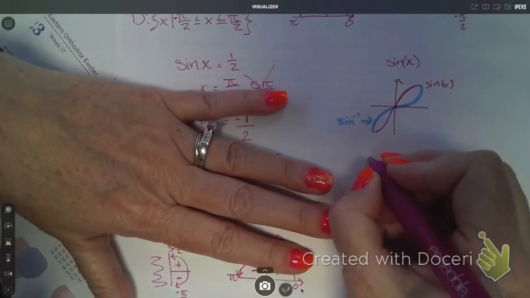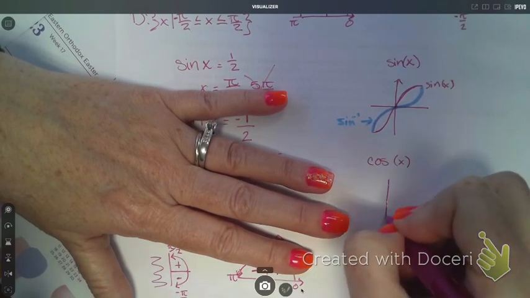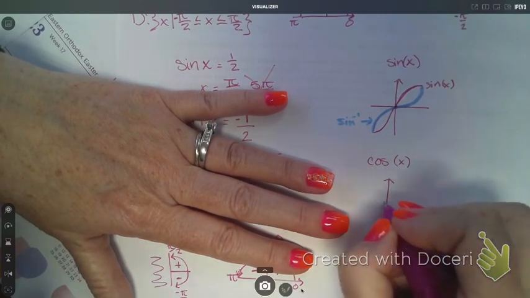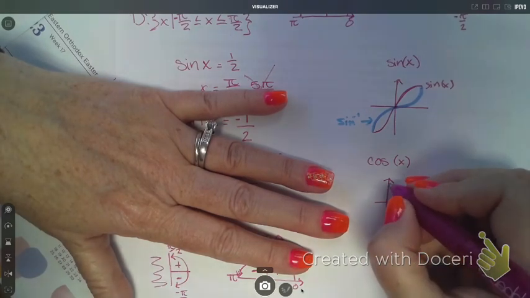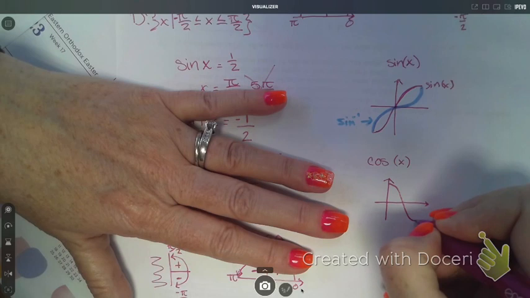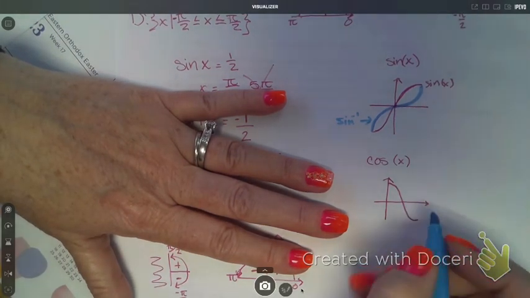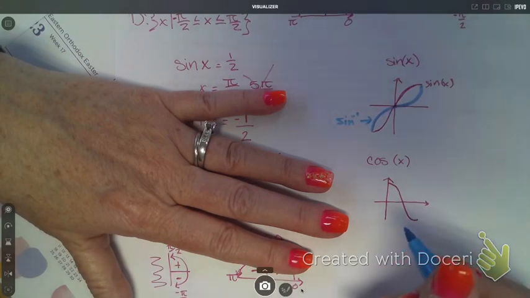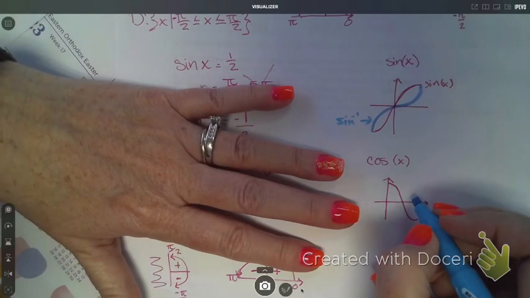So cosine looks like that. This is going to be weird.